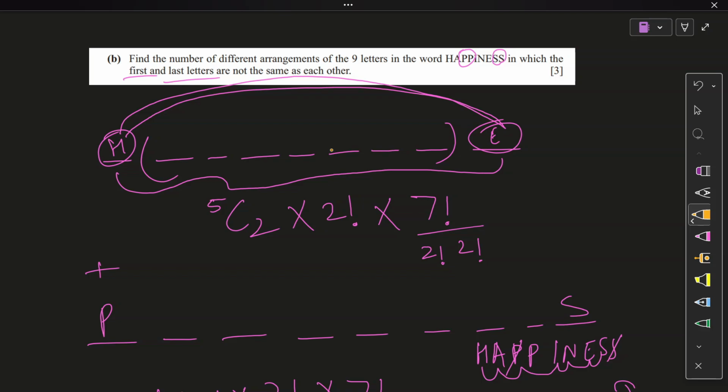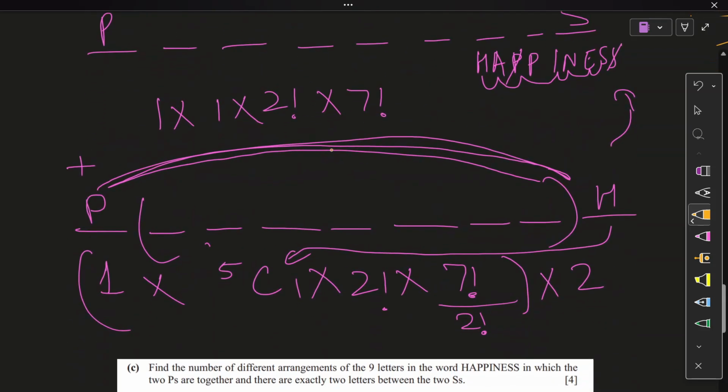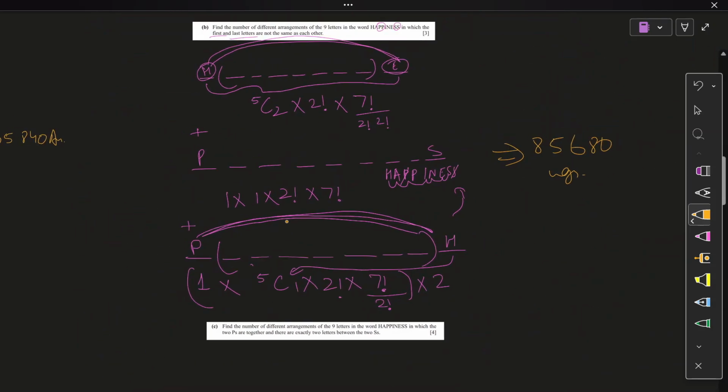The final case was that one of the repeating letters was at the end while the other end was occupied by a non-repeating letter. And we did that with the P and with S, which is why we have done a multiplication by 2, because it would have been the same arrangement, right? Hope that is clear, people.